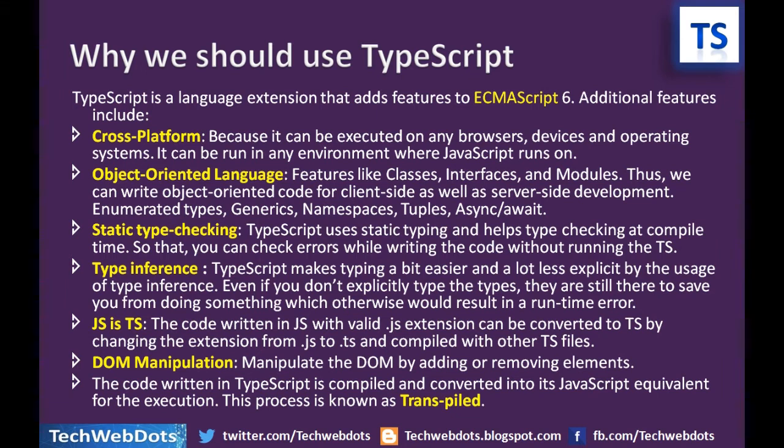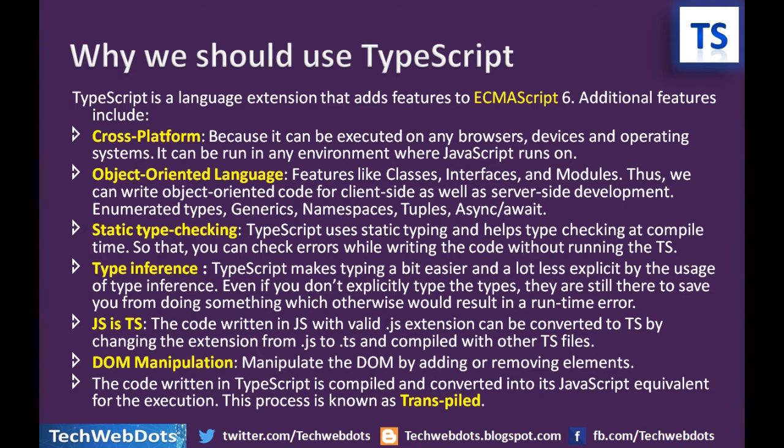Static type checking, this is the biggest thing. TypeScript uses static type checking and helps with type checking at compile time, right? We don't need to worry about the program breaking at runtime, so you can check errors while writing the code without running the TypeScript.